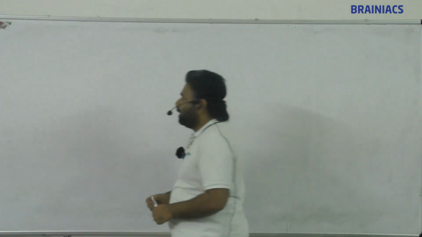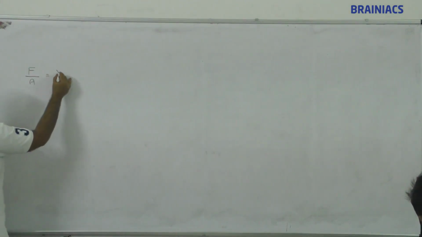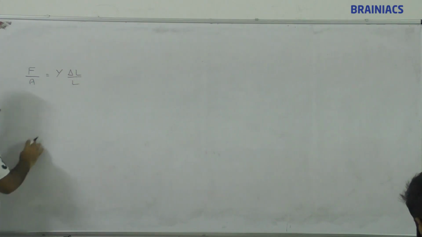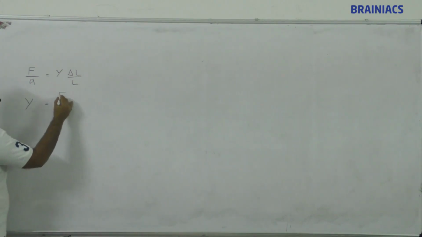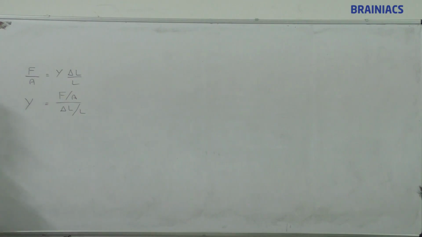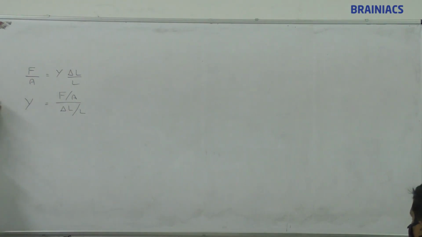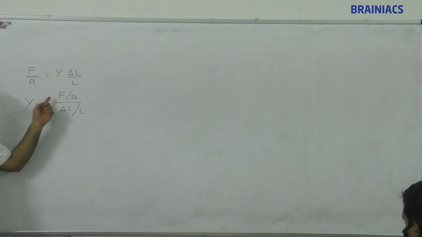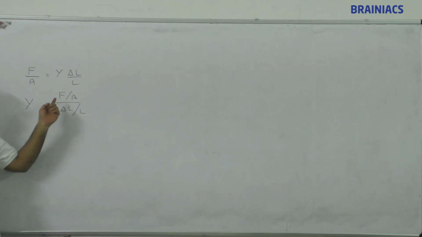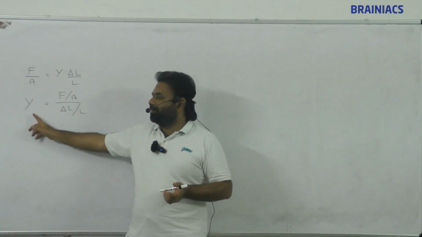Alright children, so here F by A is equal to Y into delta L by L. Young's modulus is equal to F by A divided by delta L by L. So if I increase this force, will Young's modulus increase? Look here.